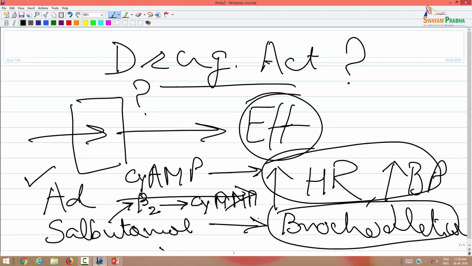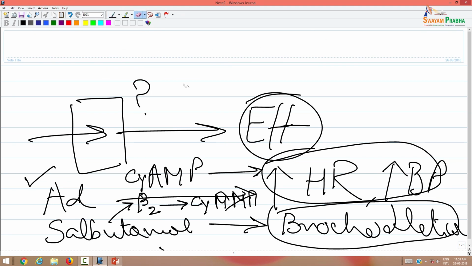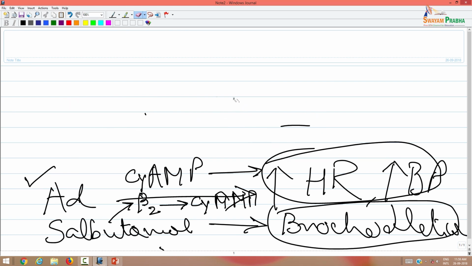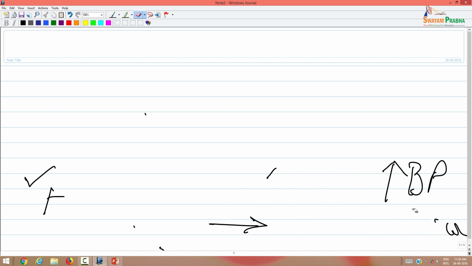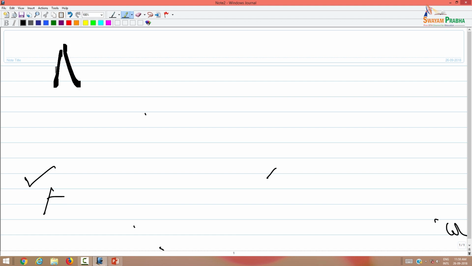What I mean to say is, there is an intracellular mechanism. There is something which happens inside the body or inside the cell, and that is what is called action.